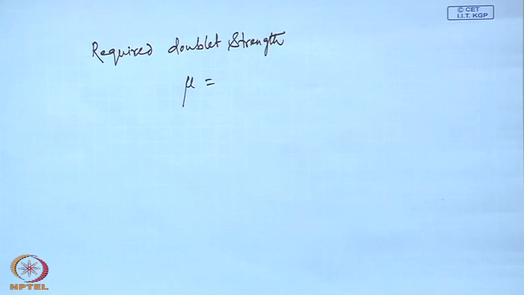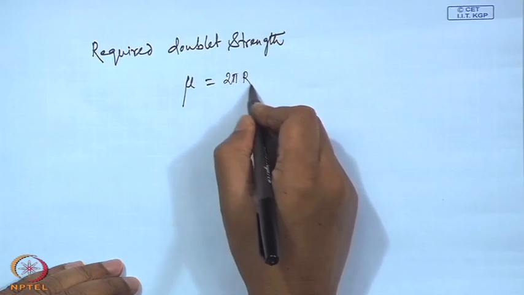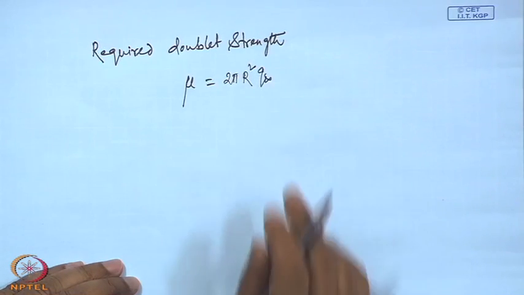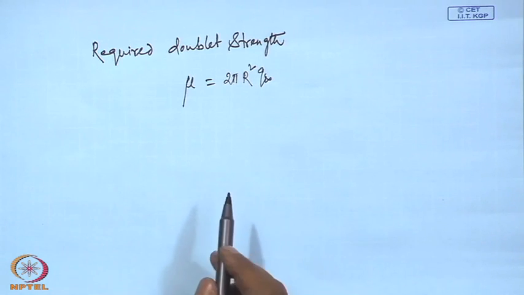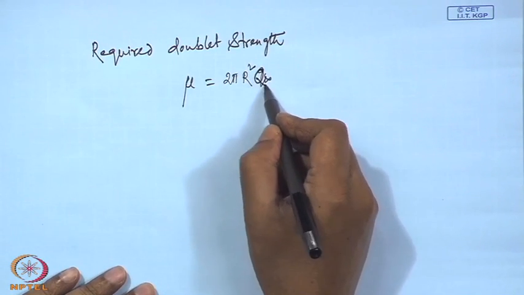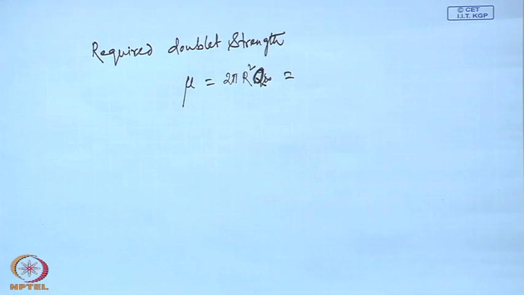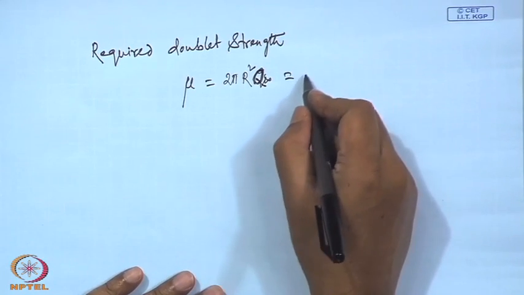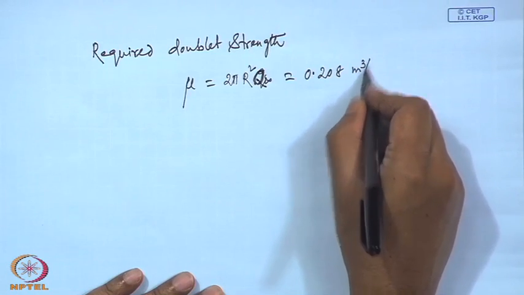What is the relation? 2 pi r square q infinity. This is free stream, not something different. This gives 0.208 meter cube per second.